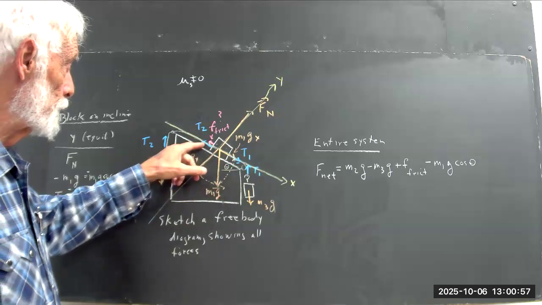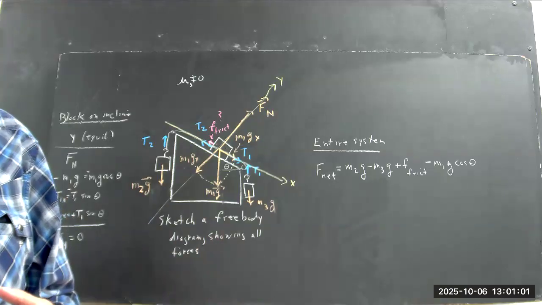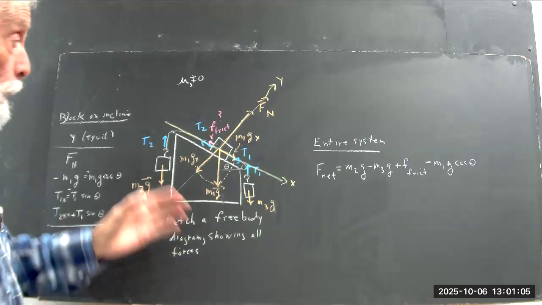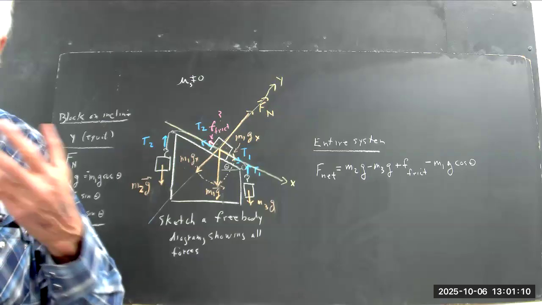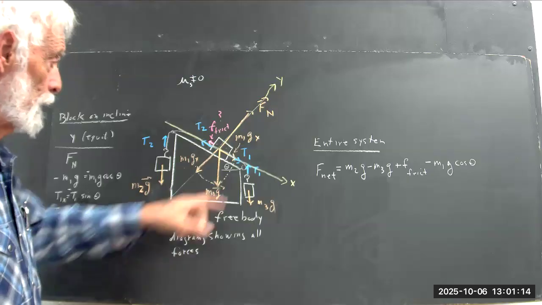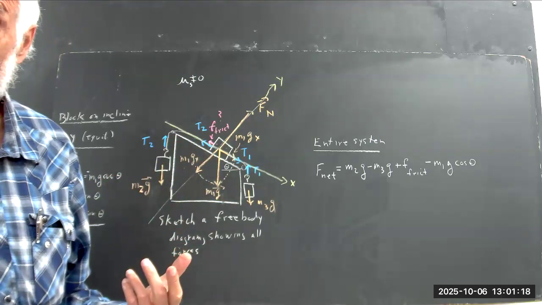This tension and this tension and this tension and this tension are all internal to the system. They're all part of the chain. There are better ways to say that, but intuitively we'll say it this way. Each one of them is equal and opposite to the other.